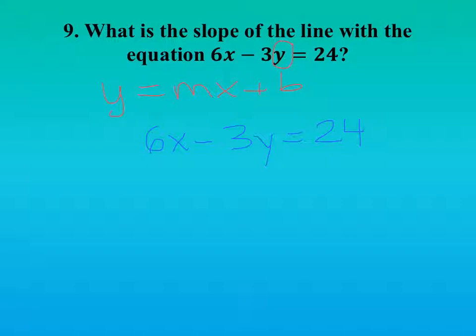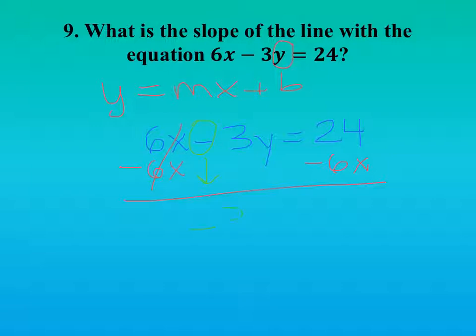The first thing you want to do is subtract 6x from each side. Now, what's 24 minus 6x? Can we do anything with 24 minus 6x? No, because they're not like terms. So now, bring everything down. Please, please, please, don't forget your negative.